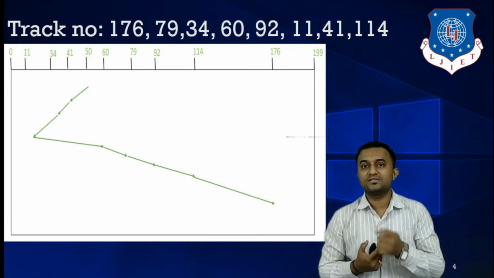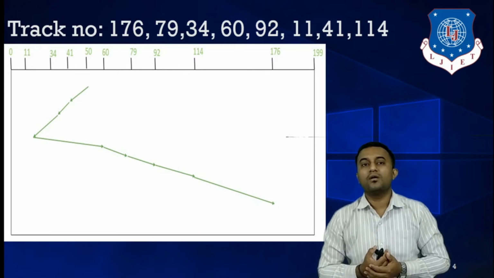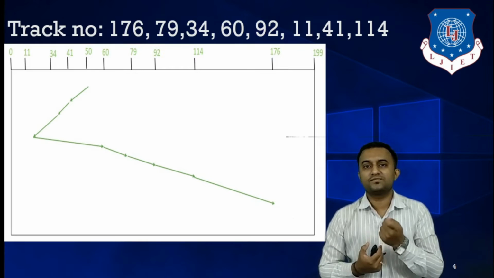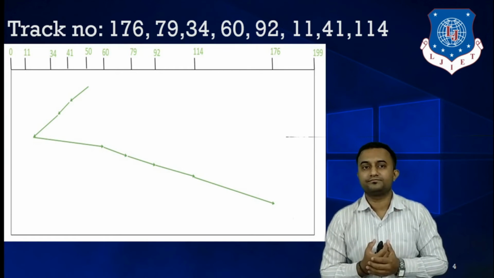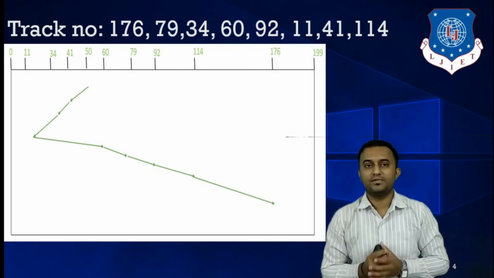So the shortest distance is nothing but 50 minus 41, that is 9. So the 41 request will be picked first and executed. The read-write head will move from 50 to 41 first in this case.